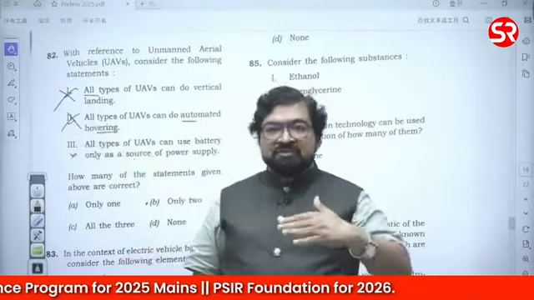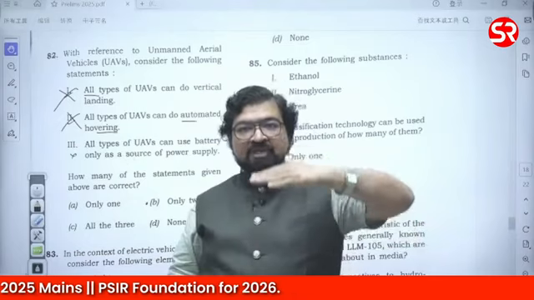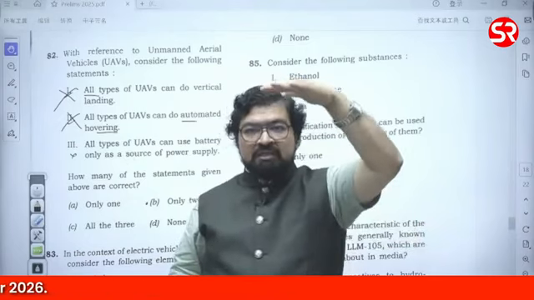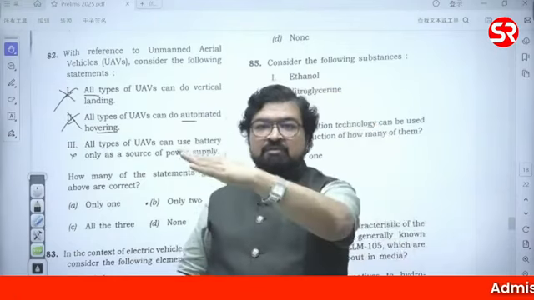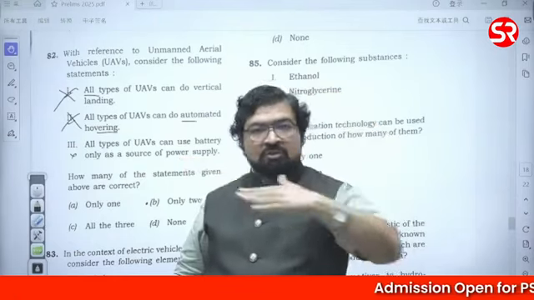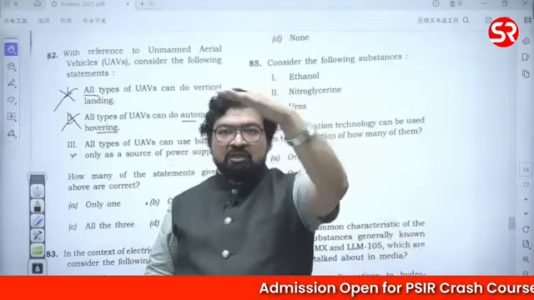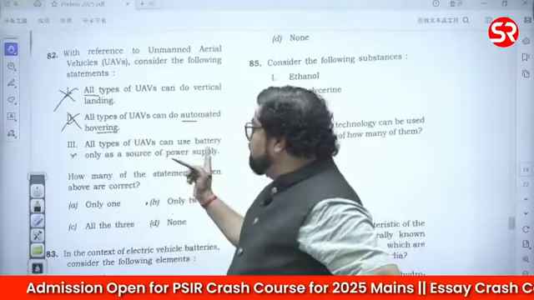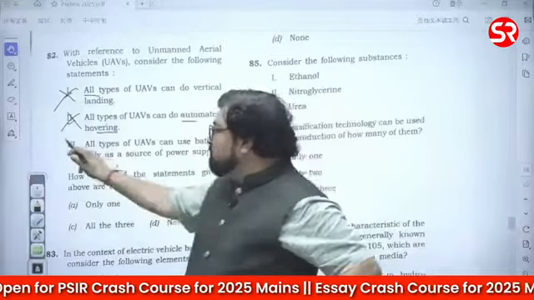Some of them can, which are the copter based UAVs, which just like a helicopter can hover in the air. But the aircraft kind of UAV or drone cannot hover in the air. So this is wrong. Now, all types of UAVs can use battery only as a source of power supply. It is also wrong.